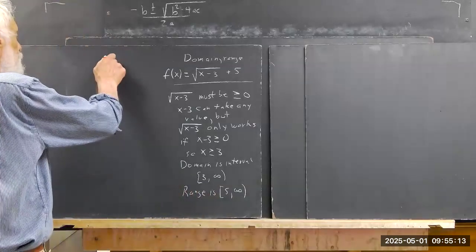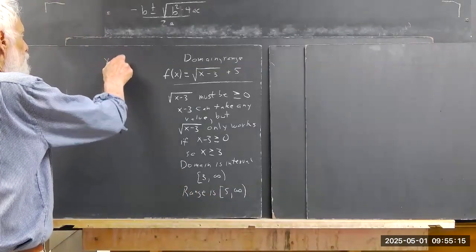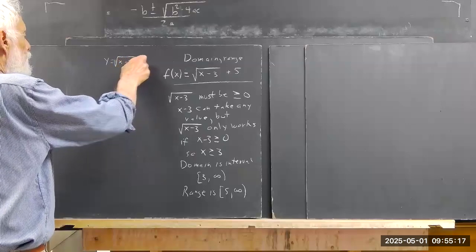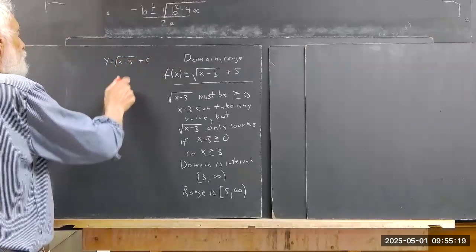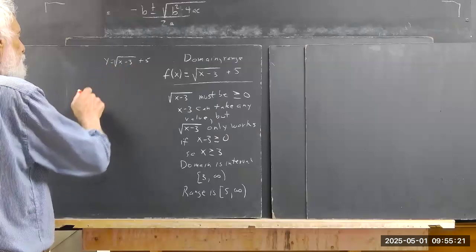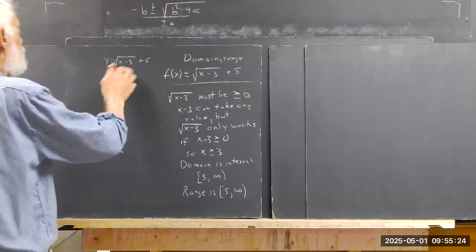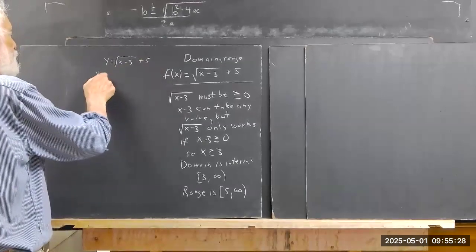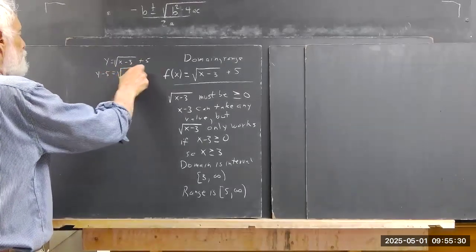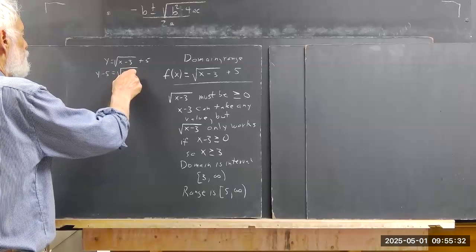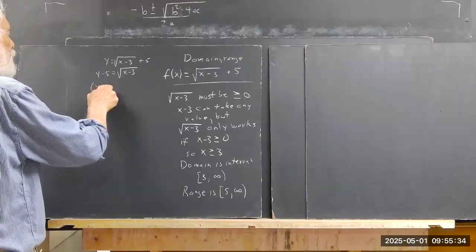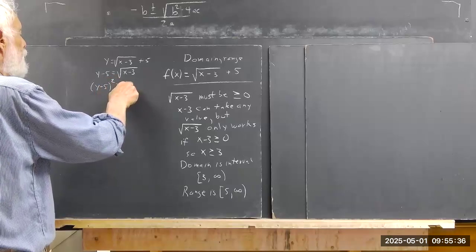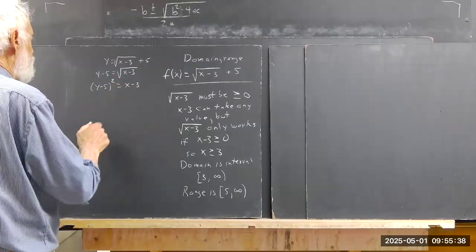Let's prove that more rigorously. We could say, if y equals the square root of x minus 3 plus 5, we can solve this for x. If we subtract 5, we get y minus 5 equals the square root of x minus 3. So y minus 5 quantity squared equals x minus 3.